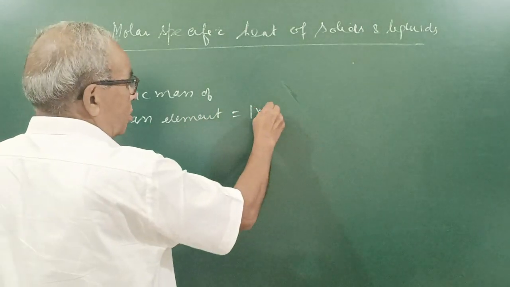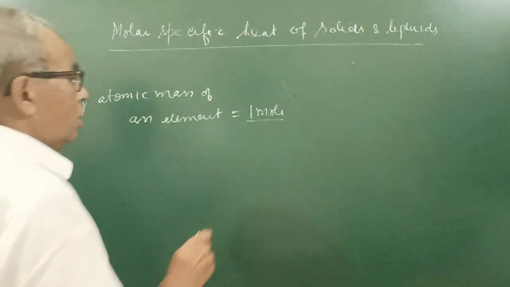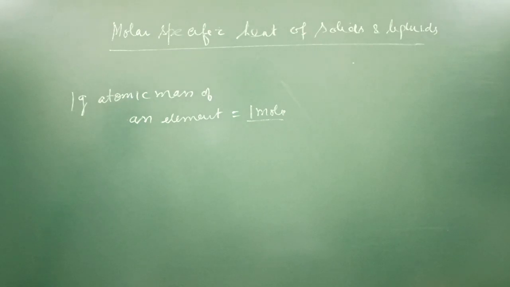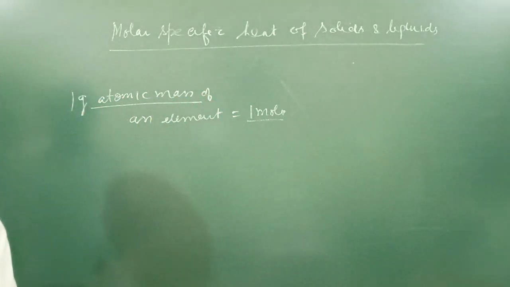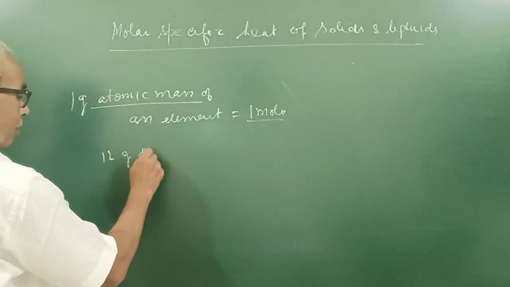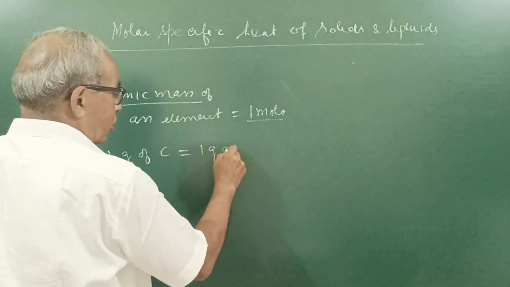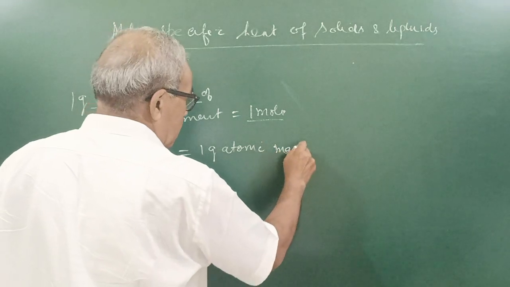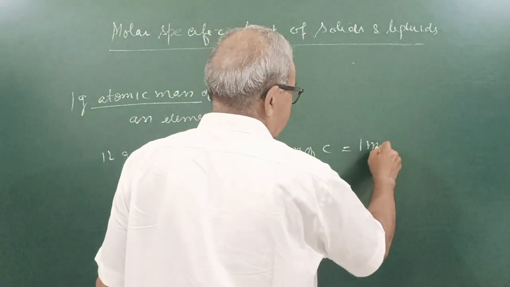I gave the idea in class 11 initially while teaching dimensions and measurement. What is the meaning of 1 gram atomic mass of an element? For example, 12 gram of carbon, equal to 1 gram atomic mass of carbon, is equal to 1 mole of carbon.